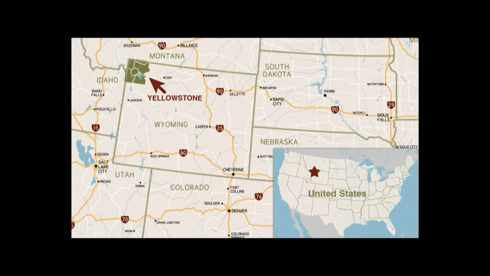Here is another place in the United States where there is lots of volcanic activity. This place is called Yellowstone National Park. Yellowstone is mostly in Wyoming, with parts of it extending into Idaho and Montana. And here on the map, you can kind of see where that is located.